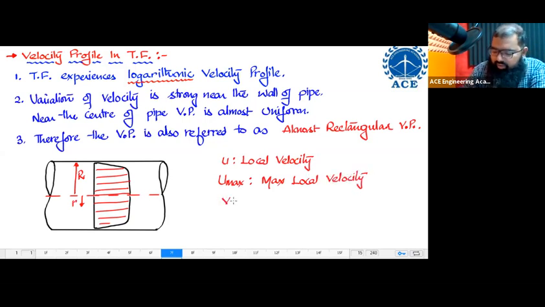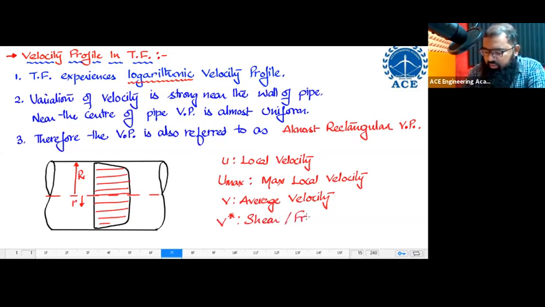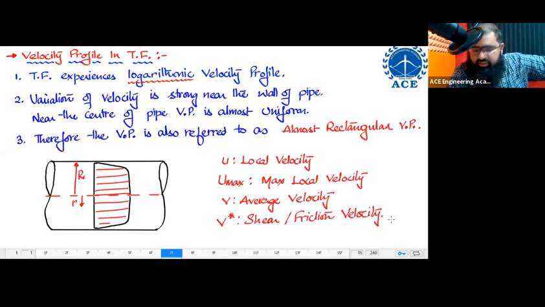Then you're having V, which is known as average velocity. And you're having V star, which is known as shear or friction velocity. We have talked about the concept of V star previously when we were discussing fundamentals of internal flow.